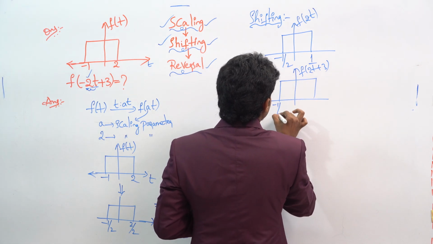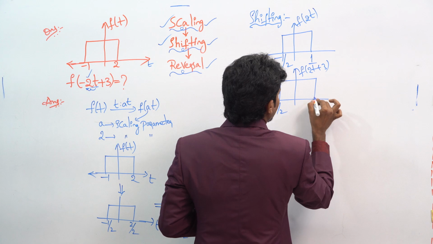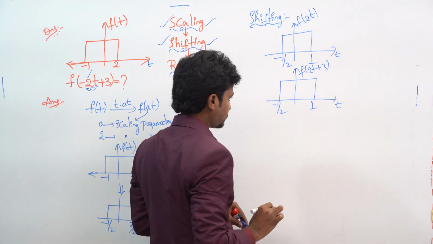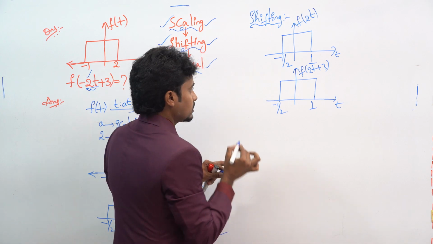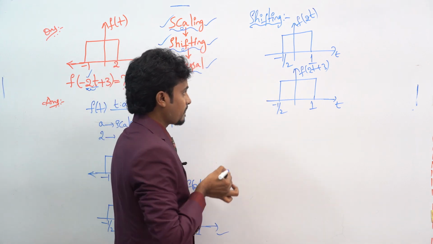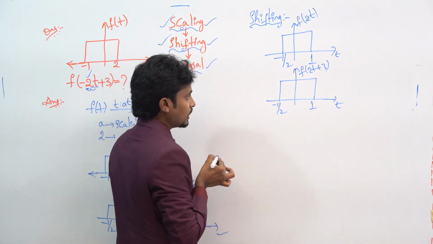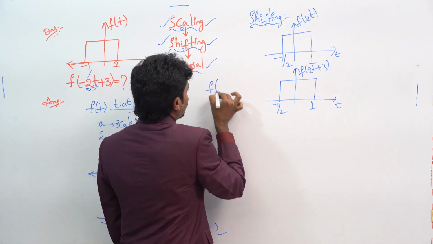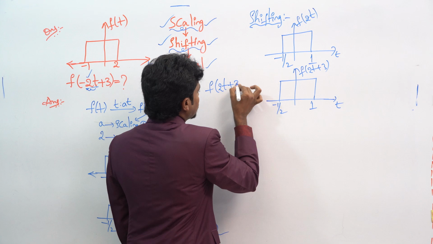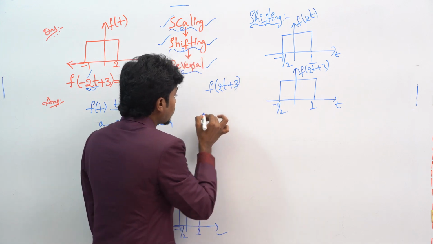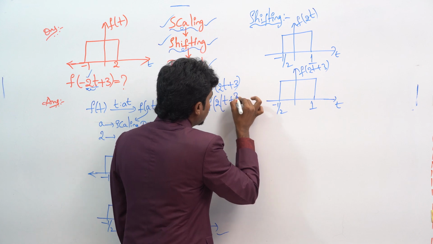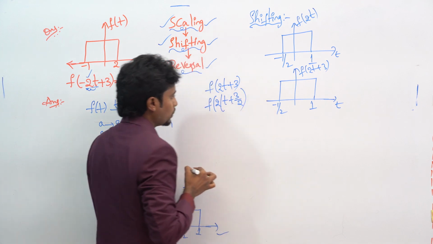This is -1 divided by 2, and here this is 1, and this is t. Here you can observe one thing. We have to take the 2 common. So f of 2t plus 3, right? Here in this f, take the 2 common, this will become t plus 3 by 2.